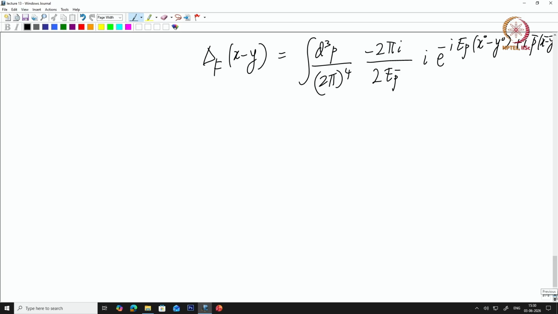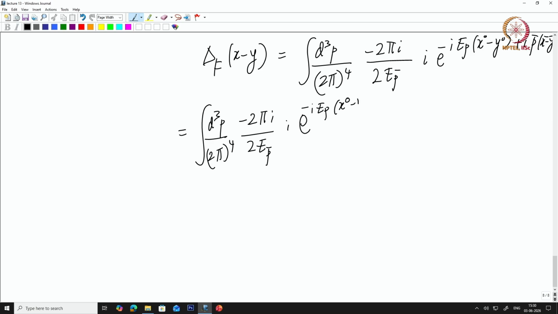Let me just re-express it: d cube p over 2 pi power 4, 2 pi, the residue theorem, e power minus i EP (x0 minus y0) plus i p dot (x minus y).